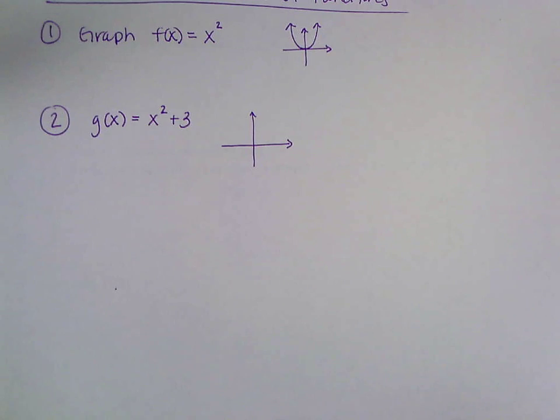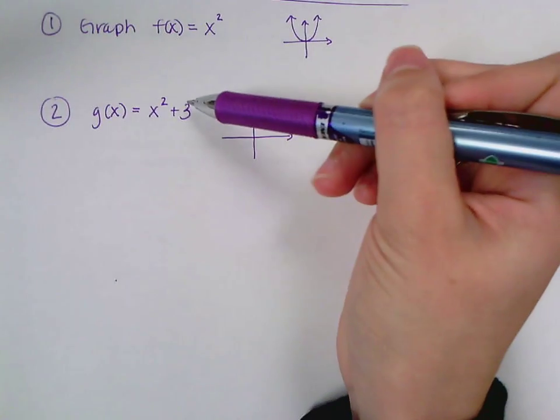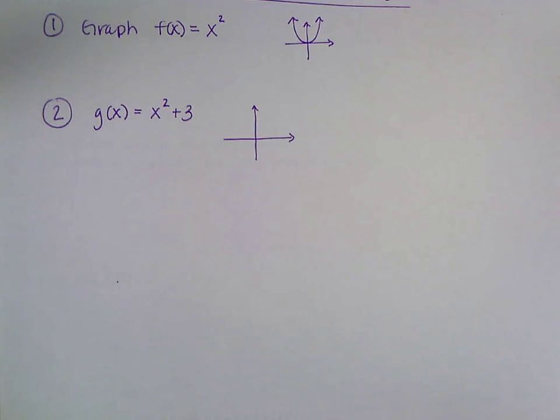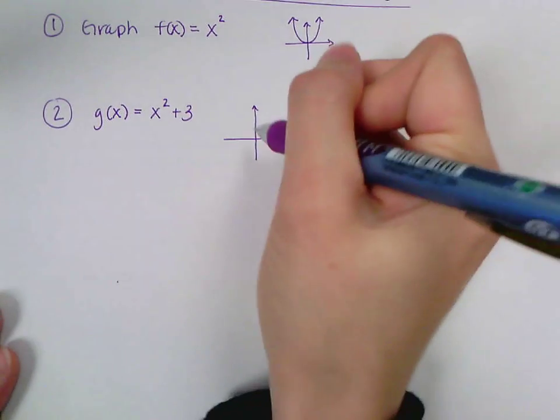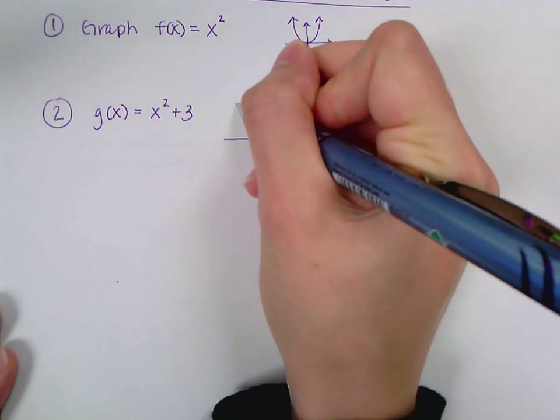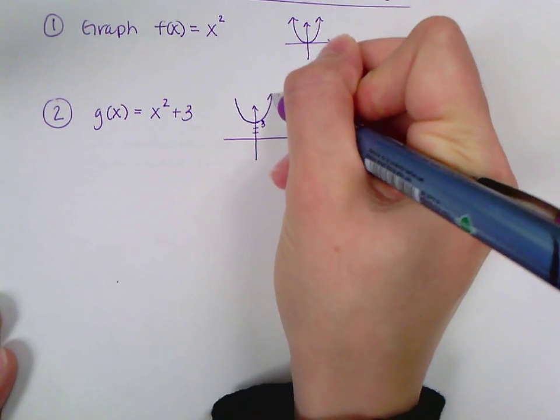All right, what does the plus 3 do? Moves it up. So it's a translation when you have a value added or subtracted outside of that original term, then it is a translation up or down, a vertical translation. So that would move the vertex up to (0, 3).